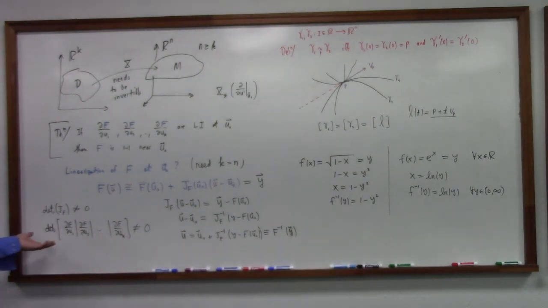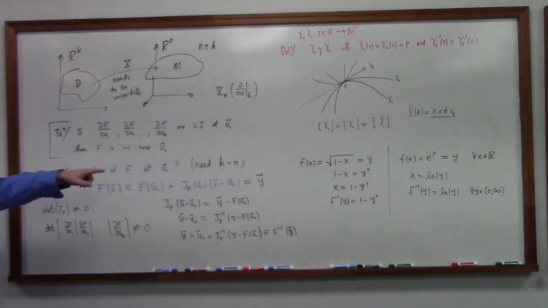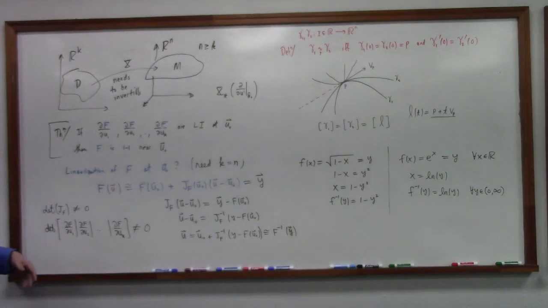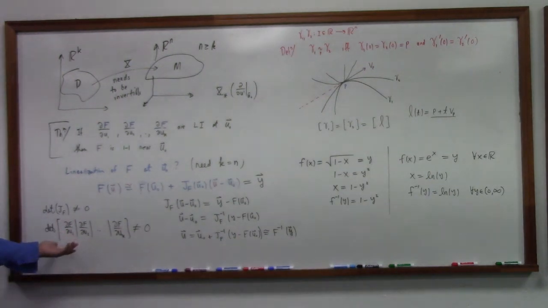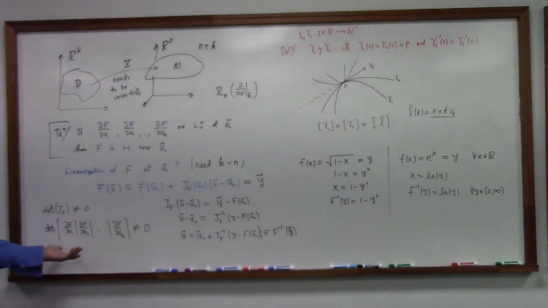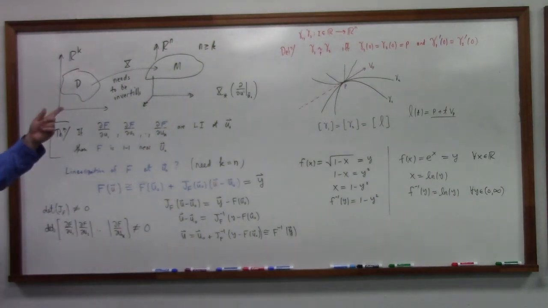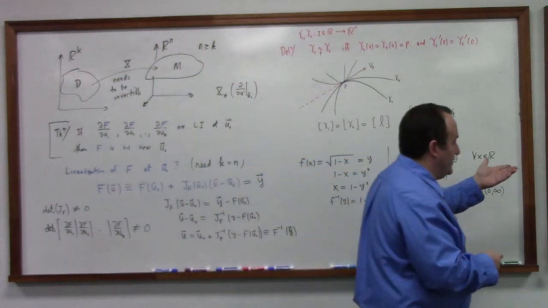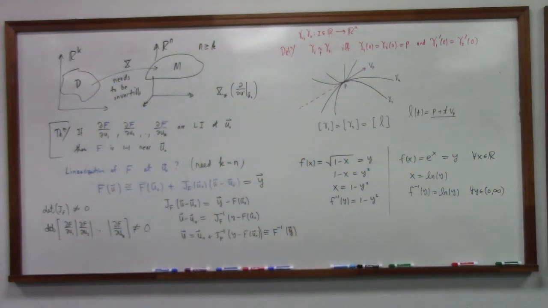it turns out that something similar can be said when n is larger than k. This still continues to be true, but we can't take the determinant anymore of the partial velocities when the target space is larger than the domain. Like in this example I gave you over here, how would you take the determinant of this? What's that even mean?